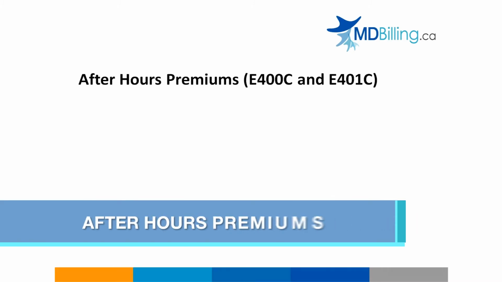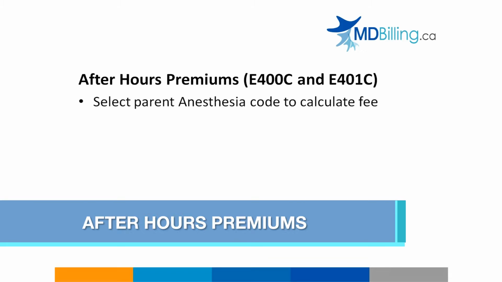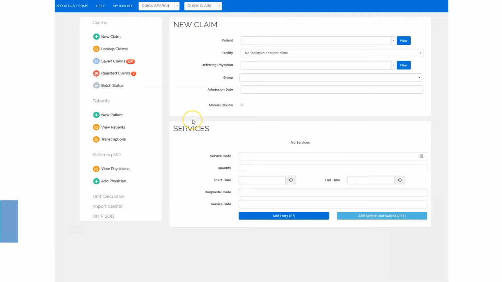After-hour premium codes, such as E400C and E401C, are percentage-based of the anesthesia code. You will need to associate the premium code to the parent anesthesia codes in order for our system to calculate the proper fee for them. As an example, you provided anesthesia services for a cesarean section from midnight to 1 AM.